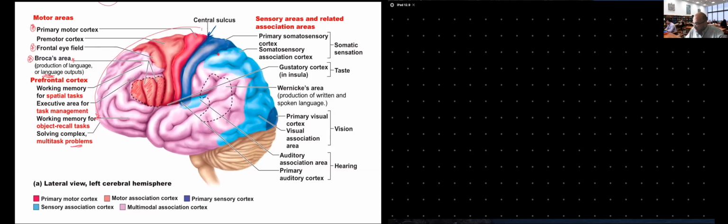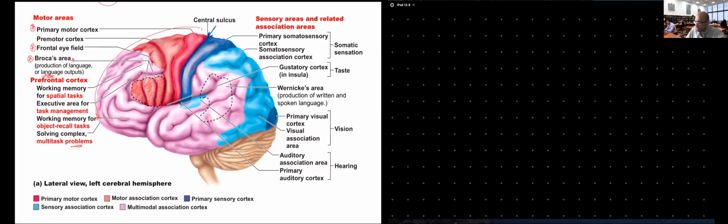In the parietal lobe, just behind my central sulcus, I've got my post-central gyrus. And the post-central gyrus is the primary somatosensory cortex. What do I mean by somatosensory?